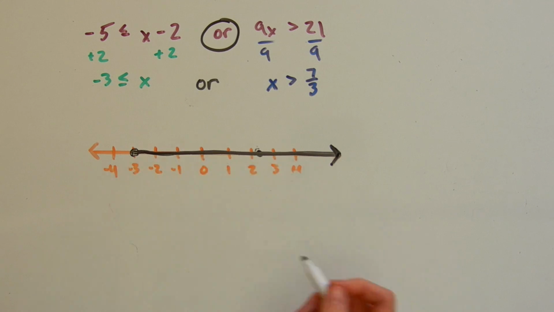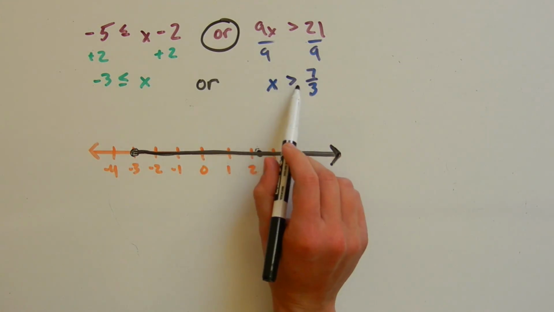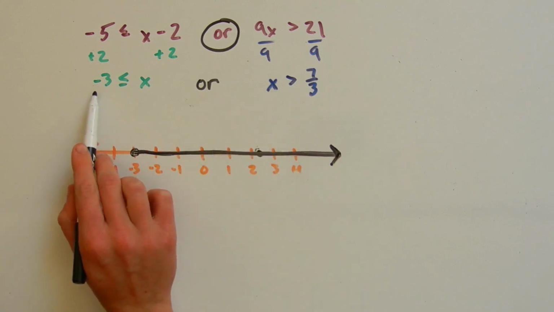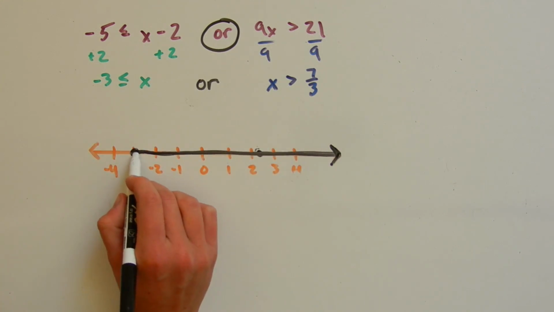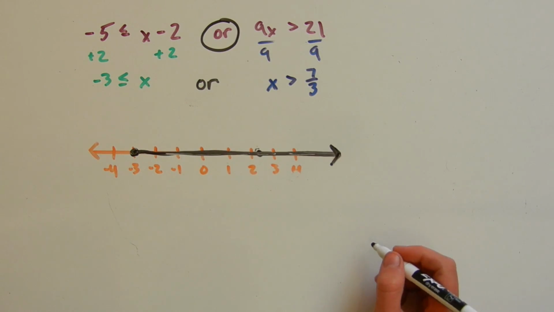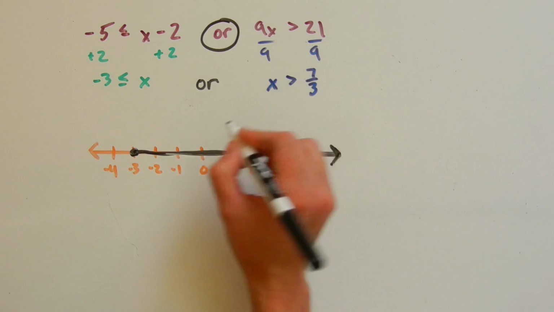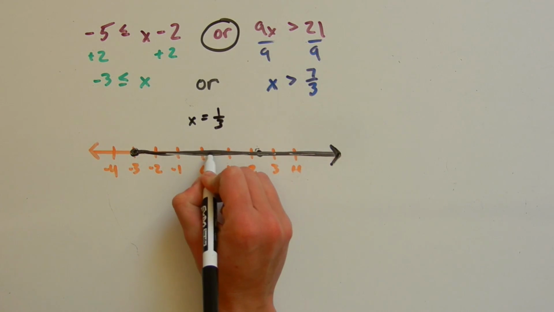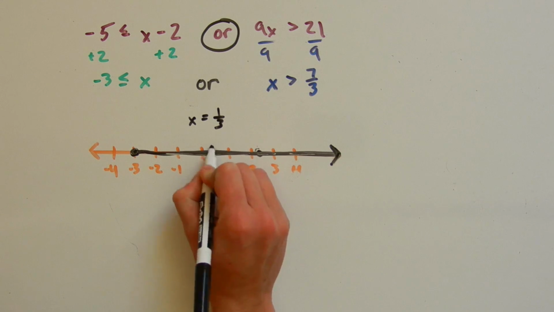Because regardless of whether x is greater than 7/3 or x is less than 7/3, as long as it's greater than negative 3, it's going to hold true on this number line. So if we picked a number, say 1/3, 1/3 falls right here.